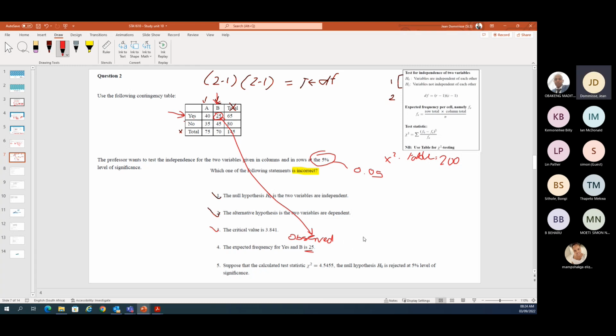To work out that expected frequency, it is the row total, so the yes total, which is 65, times the column total. The column total was B, which was 70. And we'll divide that by the total, which was 145.